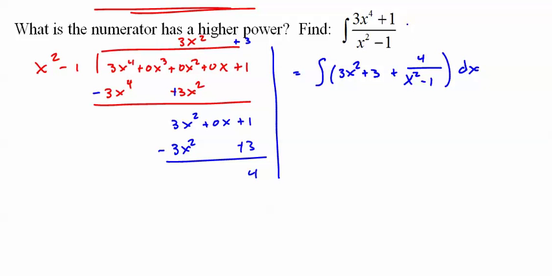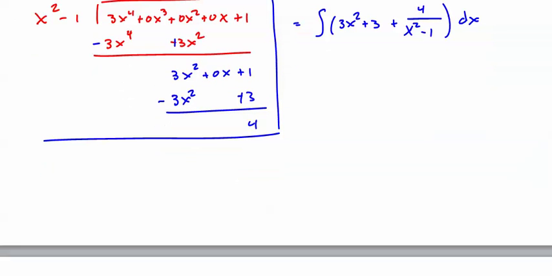This original problem should have a dx in it. Naughty me. So I've got to do the partial fractions here, because otherwise I cannot find the integral of that very easily.